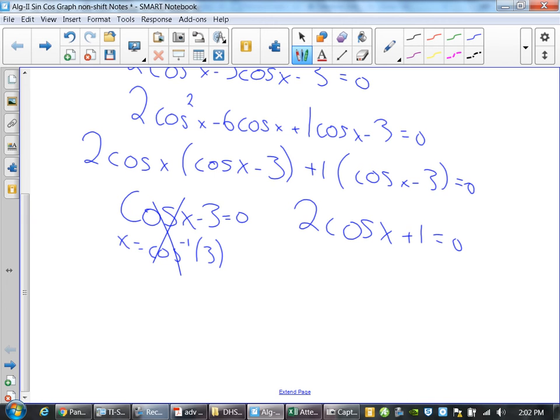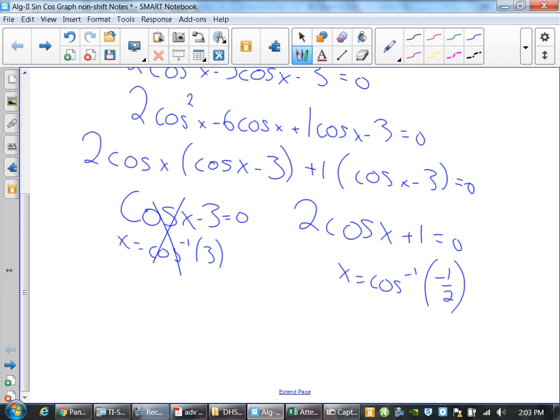On the other one, what angle has a cosine of negative 1/2? That one we can do. Is it a 30, a 60, a 90? It's the 60.